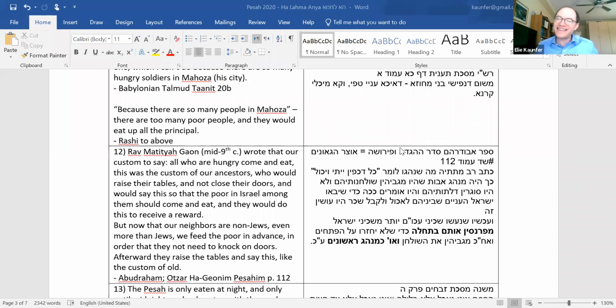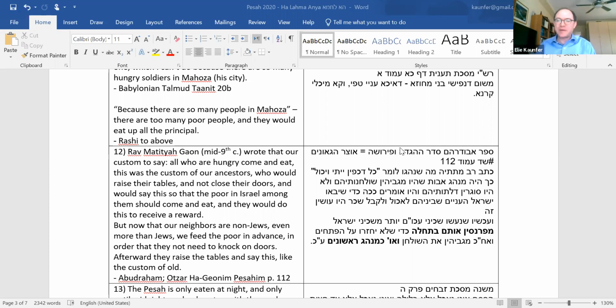But now, Rav Matityahu, who's living in the 9th century, says our circumstances have changed. This was really an invitation for anybody who needs a seder to come and eat. But now, we open the door and say, whoever's hungry, come and eat, and there are non-Jews and Jews mixed together in a mixed neighborhood. So that's not exactly what we're intending to do, which is to feed the whole world.